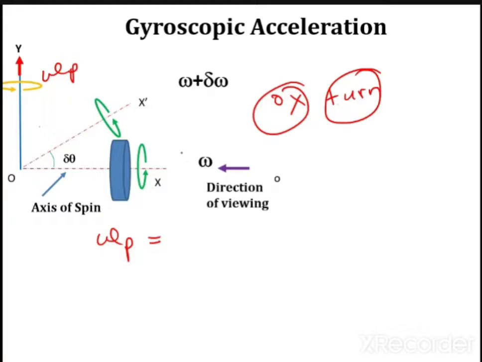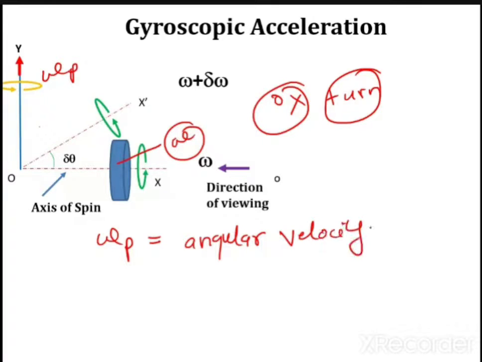See, it is a simple thing: when the disk is spinning, what is the angular velocity? Omega. So omega is nothing but the angular velocity of a disk which is spinning. Now try to understand. Omega p is nothing but the angular velocity of the axis of spin.